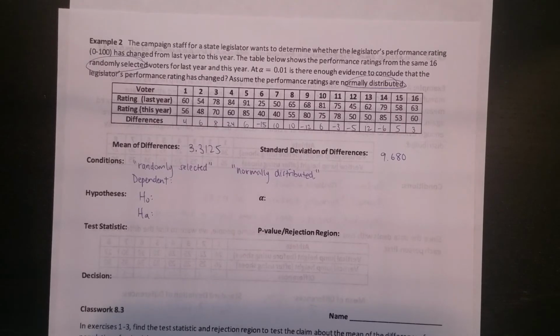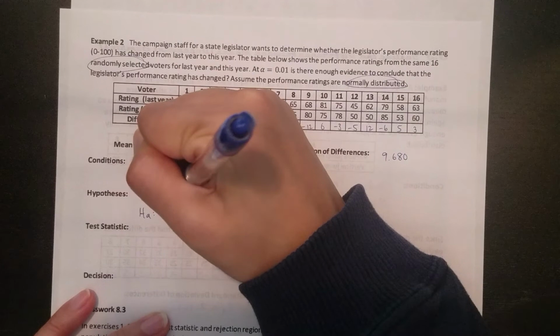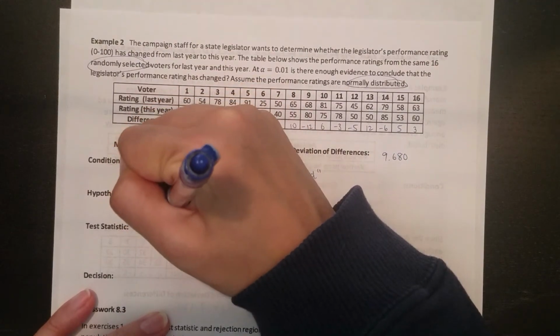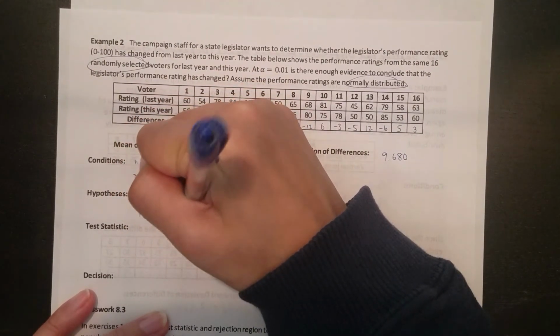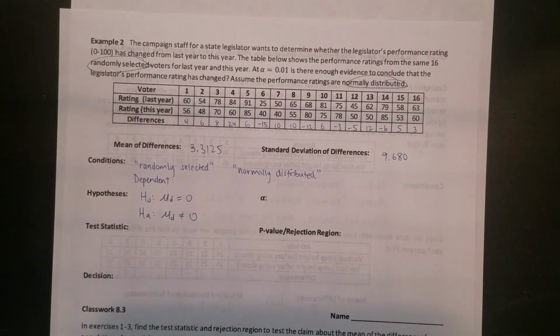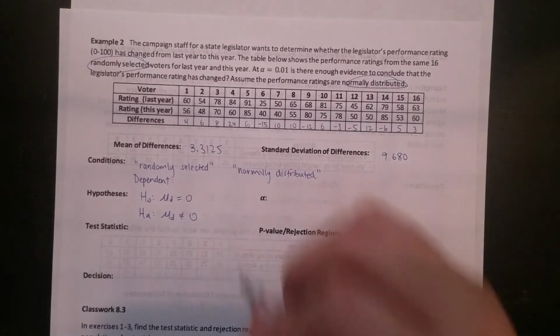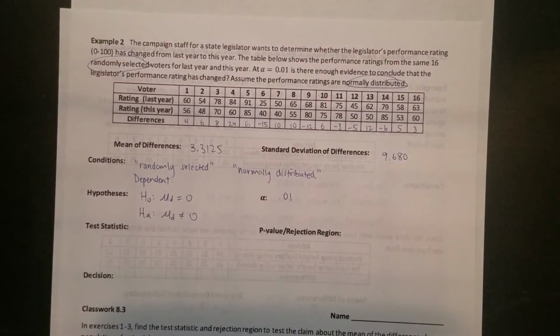If it did change, then it's just not 0. So my hypothesis is that it's going to be either equal to 0 or not equal to 0, because they didn't specify whether it increased or decreased. And then alpha was 0.01 here.